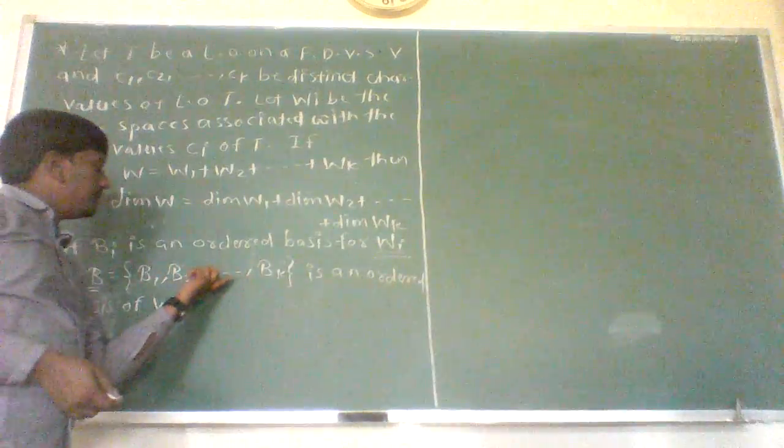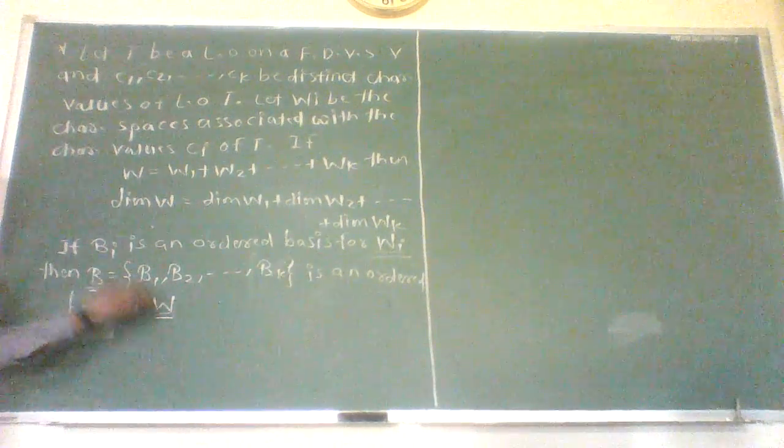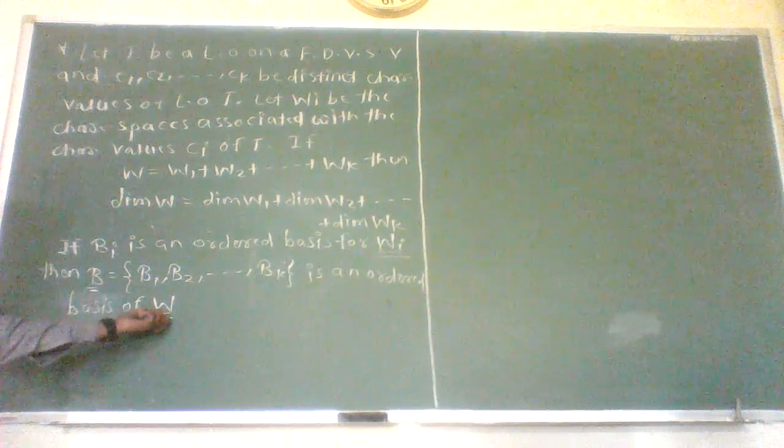That is, the sum of the number of elements in each basis is the dimension of W. So here, first we have to prove that this curly B is a basis for this W.